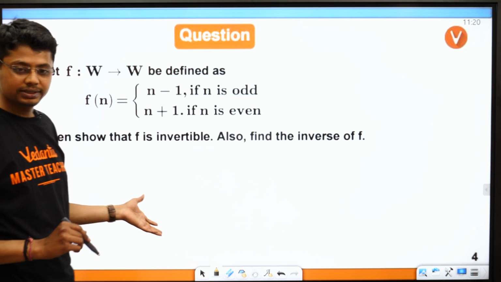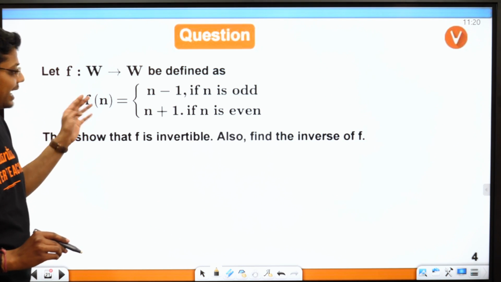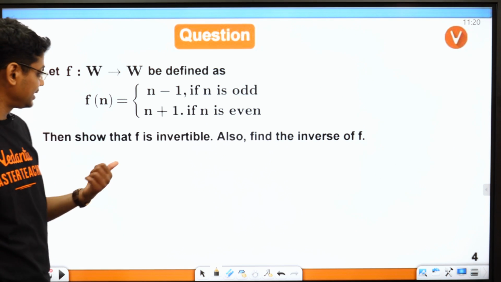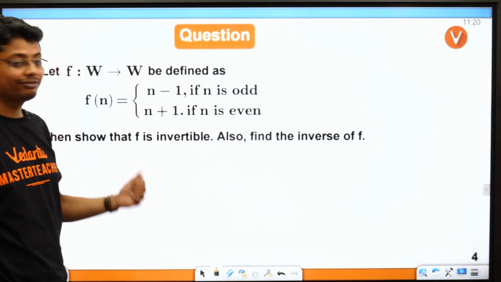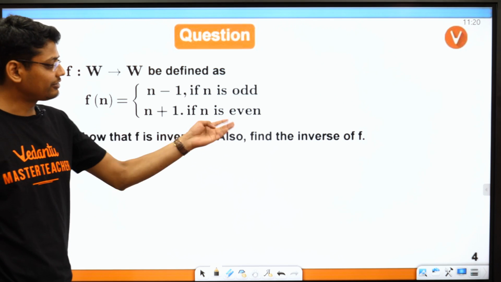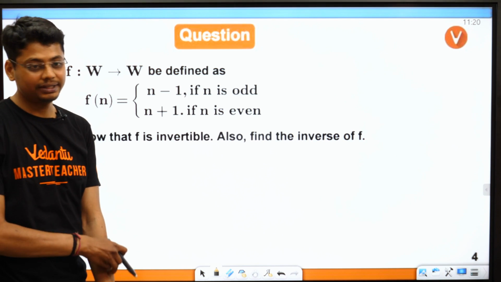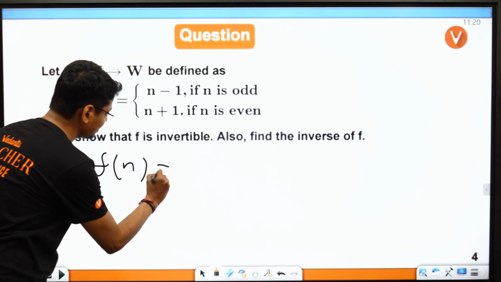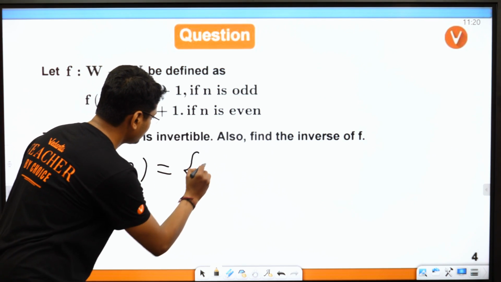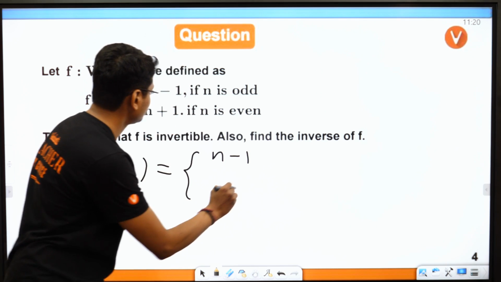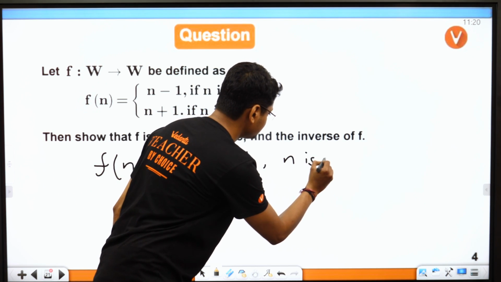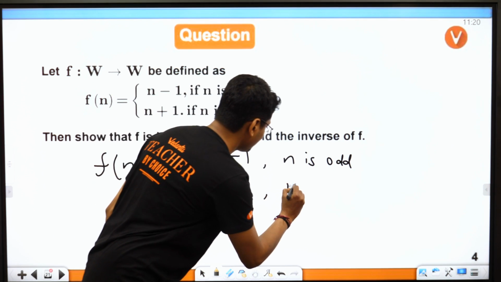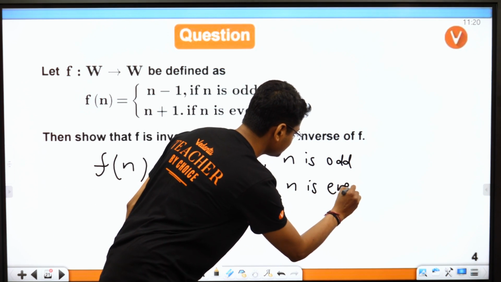So one way to do this is we show that f is one-one and onto. That would mean that indeed the inverse of f exists, and then we can find the inverse of f. So if I consider this function, f(n) is n minus 1 when n is odd, and n plus 1 when n is even.